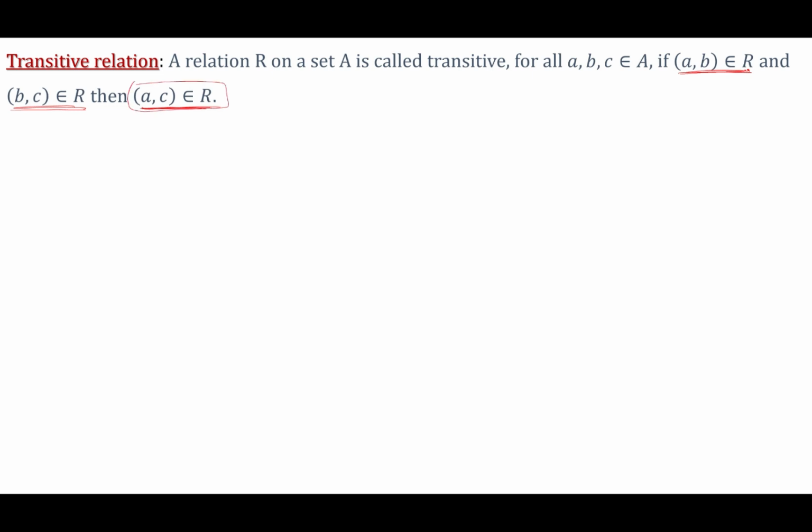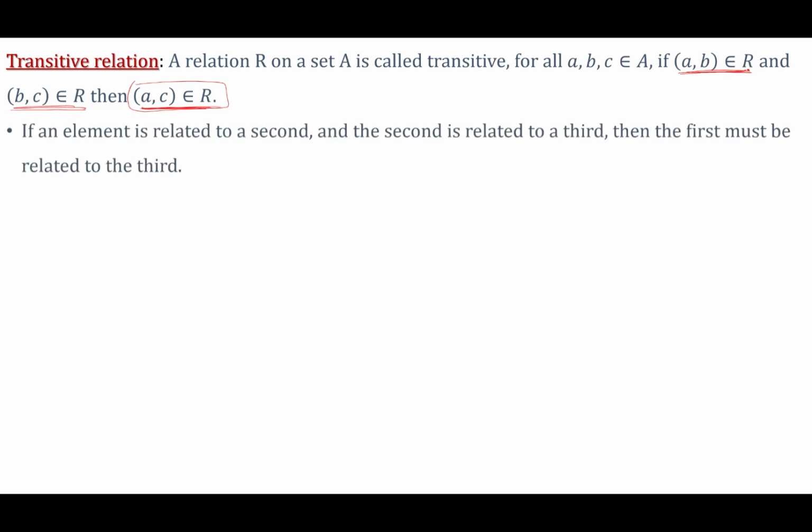If I don't find this part in the relation, then it is not a transitive relation. If the first element is related to the second one, and the second one is related to the third one, then the first must be related to the third one. The third part is mandatory.